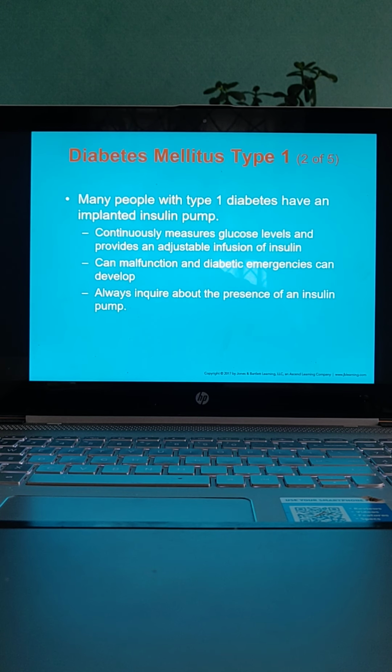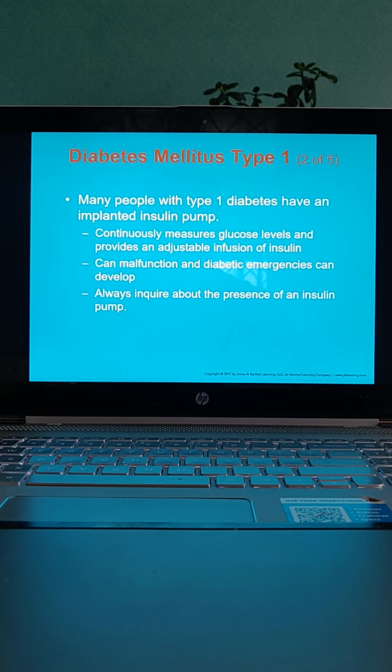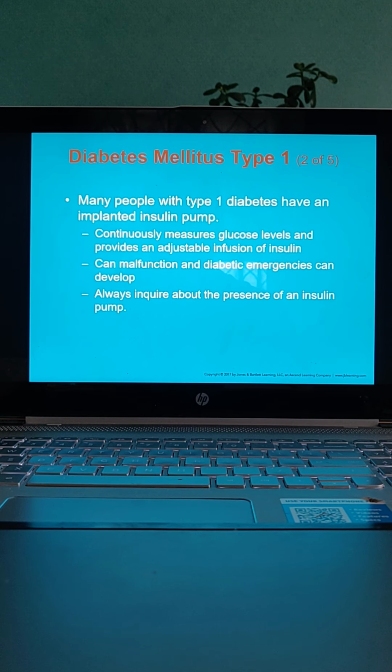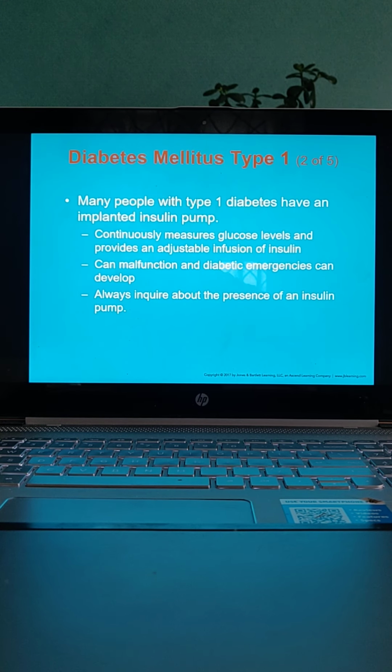It's constantly monitoring the sugar level in the patient's body, and if it senses that the sugar is too high, then it will put a little bit more insulin into the body to let the sugar be absorbed by the cells. Okay? It continuously measures glucose levels and provides an adjustable infusion of insulin in the body when needed.